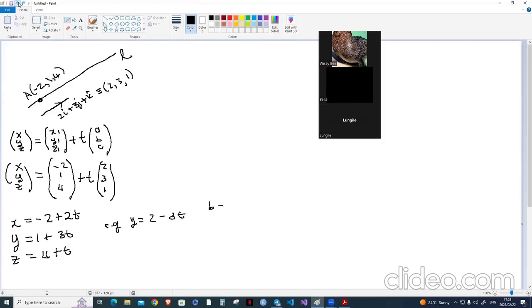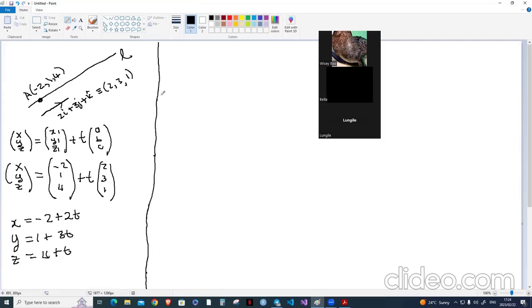Then the next question will be this one. I think they asked it in the exam as well. Actually, lines are not that difficult.